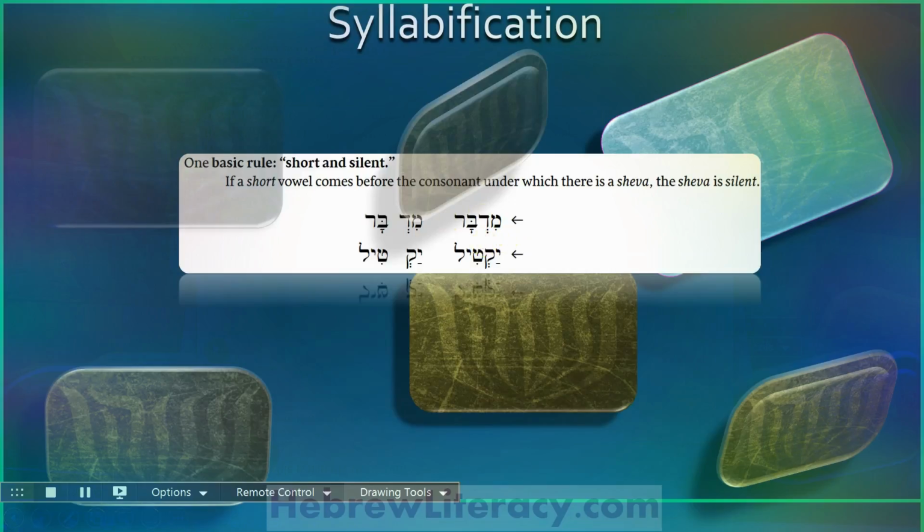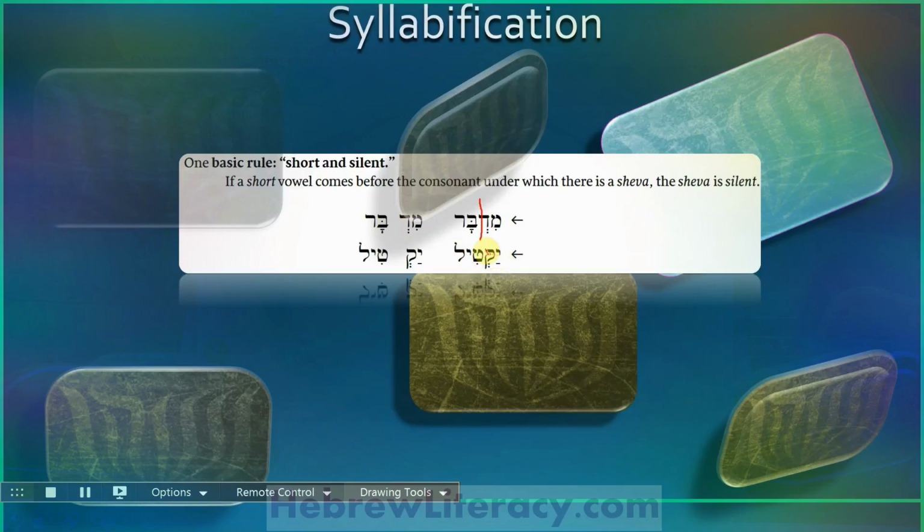Let me turn on my drawing and stuff. It's because of this short vowel here that we know that the syllable divides after it. Mid is closed and bar is closed. Yaktil, to cause to kill.